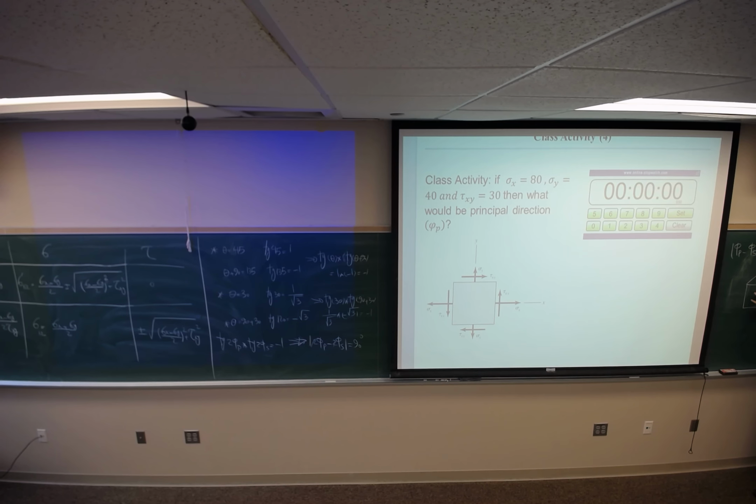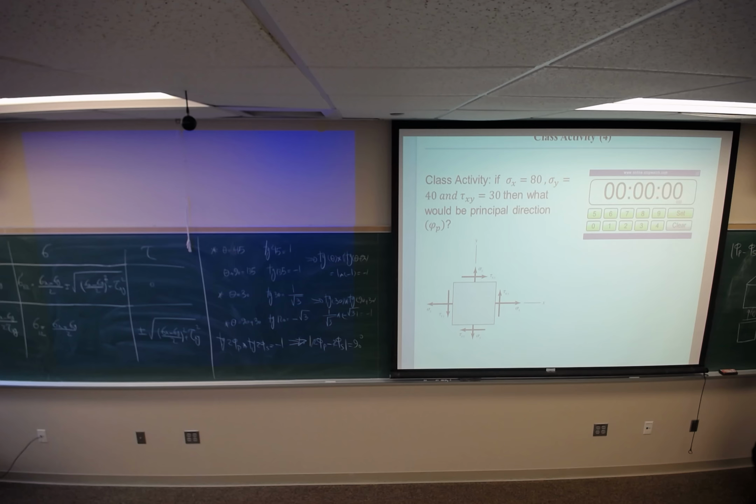So if I look from the front side, I will see a square with sigma x applied, this tau xy, and this sigma y pointing up. 40, 80, and 30.